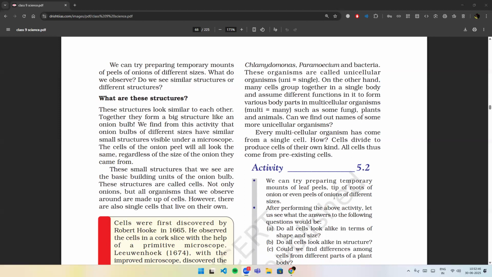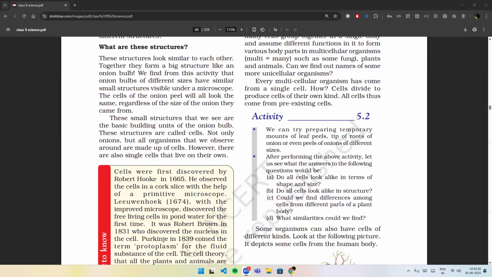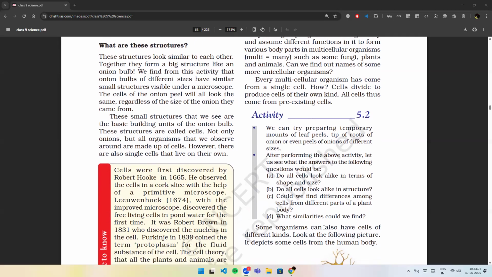Can we find out names of some more unicellular organisms? Every multicellular organism has come from a single cell. How? Cells divide to produce cells of their own kind. All cells, thus, come from pre-existing cells. Activity 5.2.